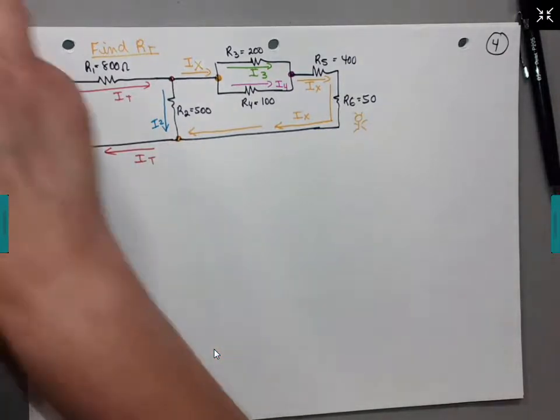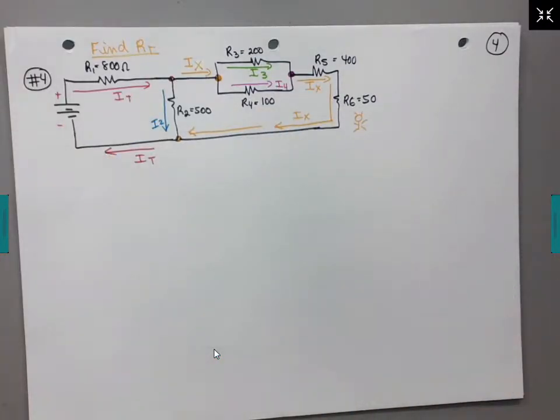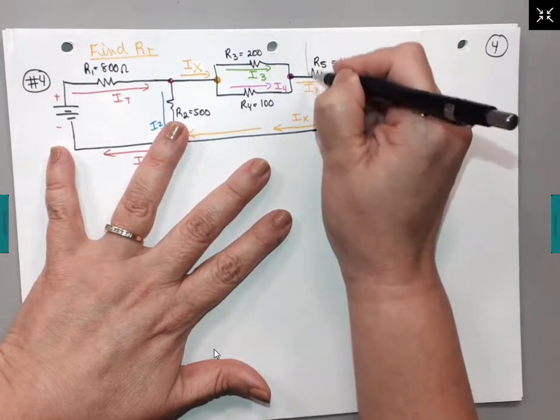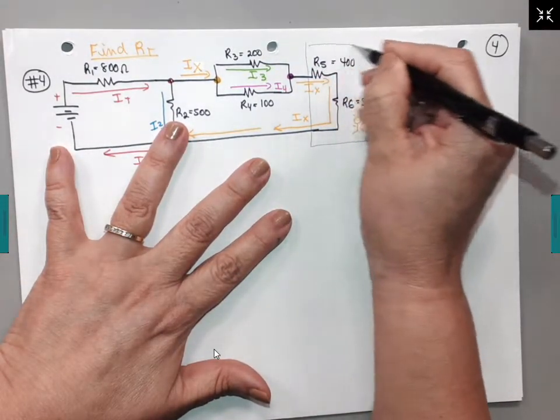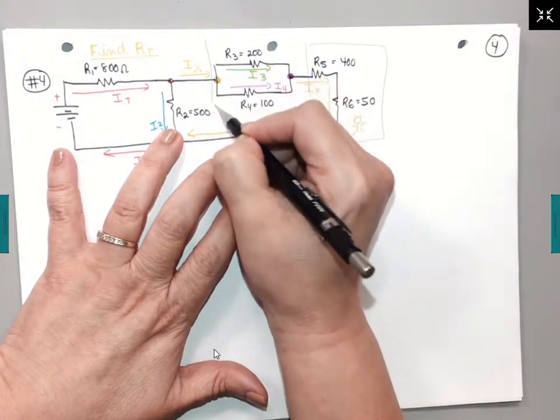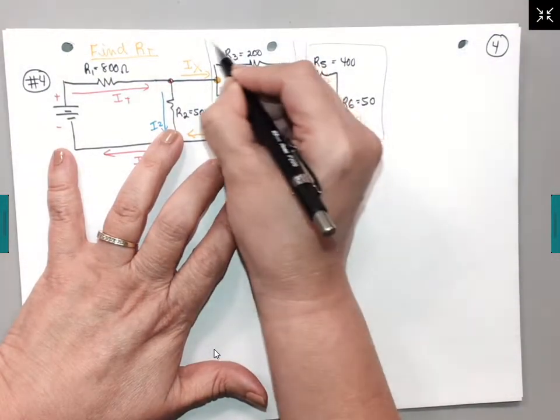Okay, so in the book they like to use something called a block diagram. So they would say that this guy is one block, and this guy right here is another block.